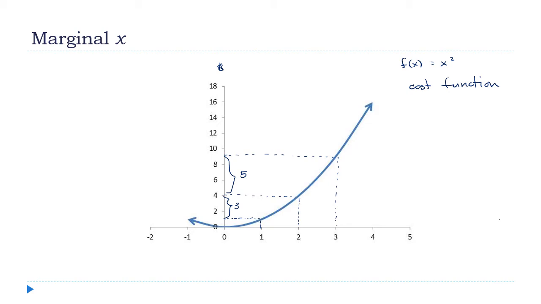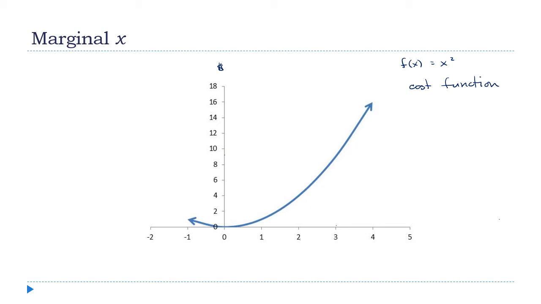Okay, so I want a formula. I want to come up with a way to tell people what the marginal cost is at various points in the production process. So let me clean up here, and let's see how we can do this. Because you want to make this a calculus thing, right?